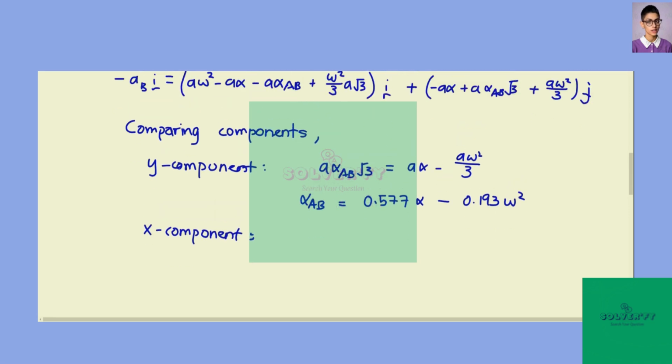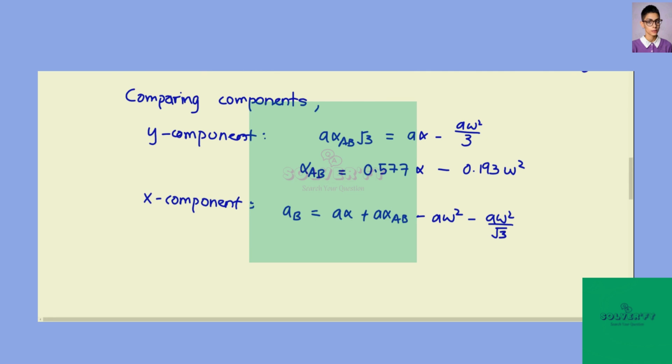Then from the x component, we have aB is equal to A alpha minus A alpha AB plus A alpha AB minus A omega square minus A omega square over root 3.